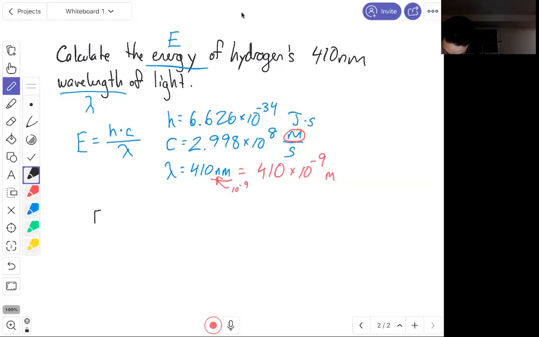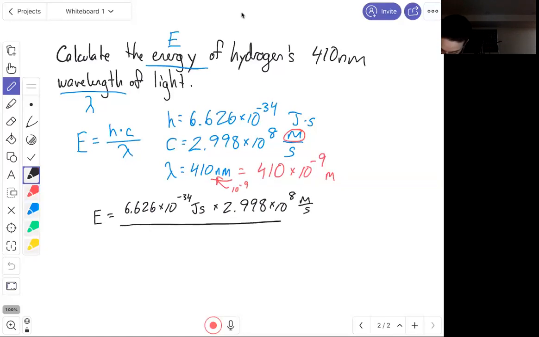So energy would be equal to Planck's constant, 6.626 times 10 to the negative 34 joule seconds, times that speed of light, 2.998 times 10 to the 8th meters per second, all divided by that wavelength of 410 times 10 to the negative 9th meters.